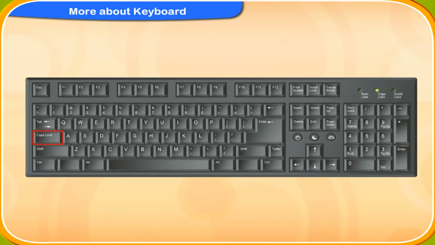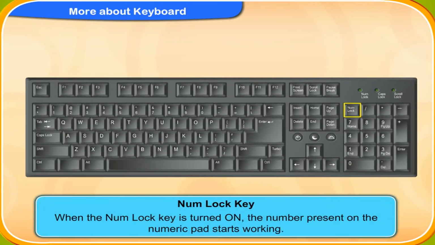If this key is on, then any letter you type will appear in capitals on the screen. If you wish to type again in small letters, then press the caps lock key again to turn it off. Similarly, when the num lock key is turned on, the numbers present on the numeric pad start working.